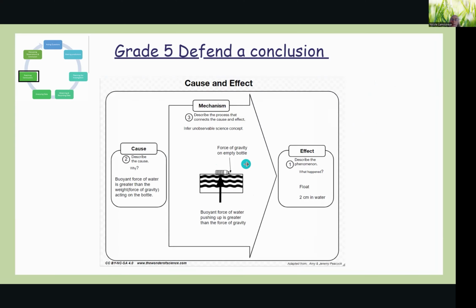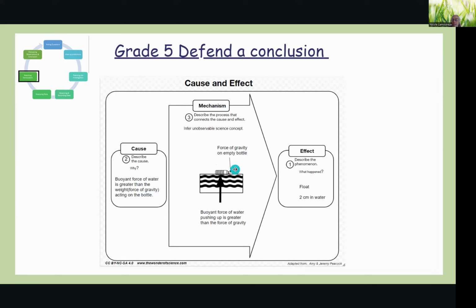So I'm going to show you an example. The effect was that it was floating in 2 centimeters of water, and the cause is that the buoyant force of water is greater than the force of gravity acting on it. That's okay for them to tell you, but to actually show how this works in science and that relationship between the two, they use a diagram.